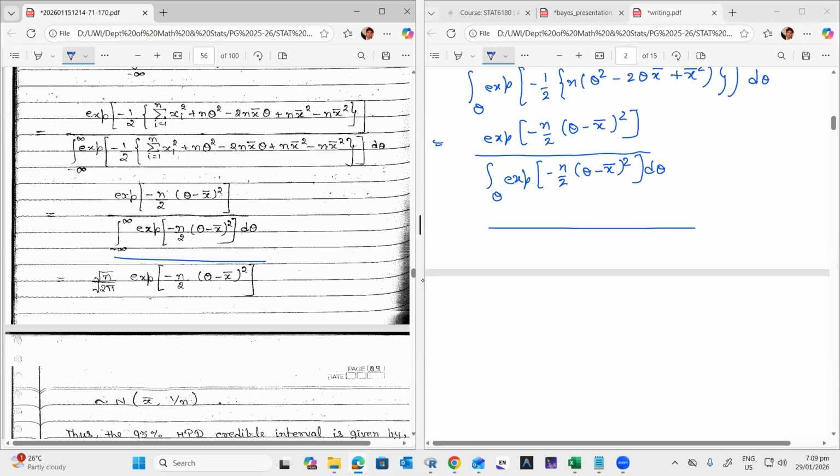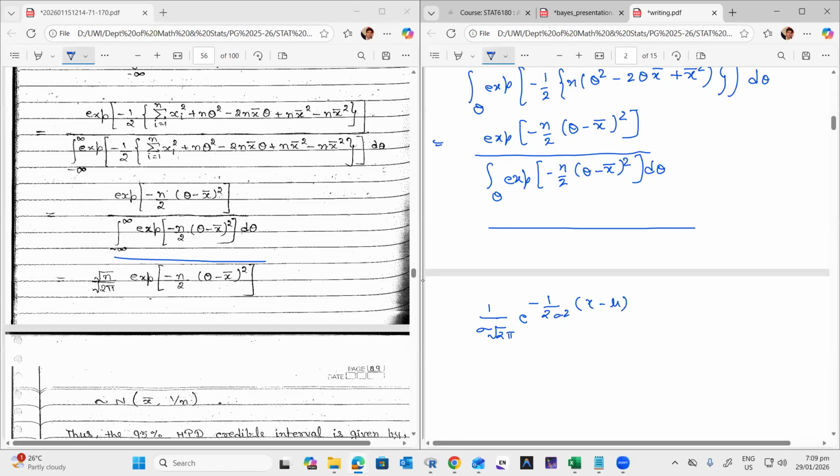Normal distribution is 1 upon sigma under the root 2 pi e raised to the power minus 1 by 2 sigma square x minus mu whole square, right? If I integrate it over the range of x, that is minus infinity to infinity, it should be equal to 1. Correct? So if it is, I will put it equal to 1.